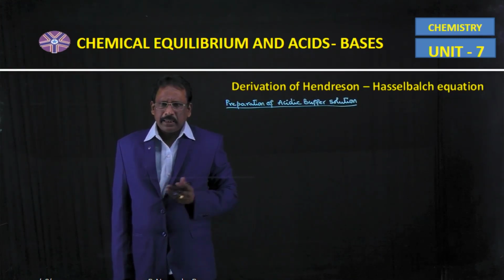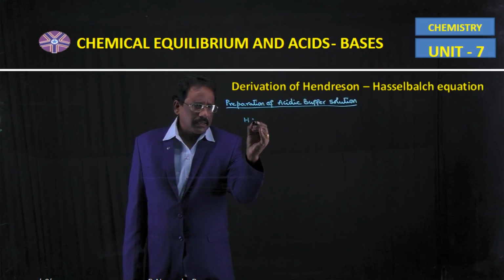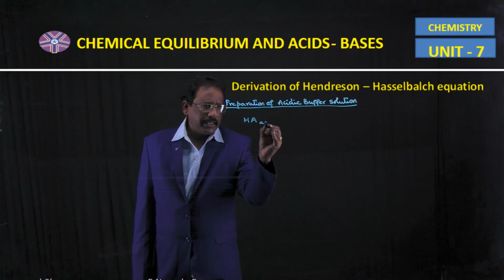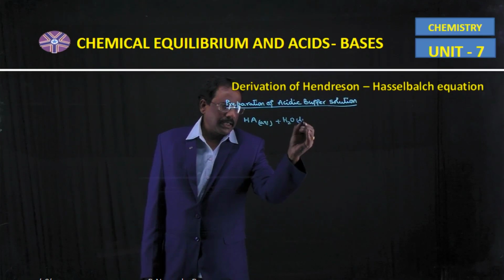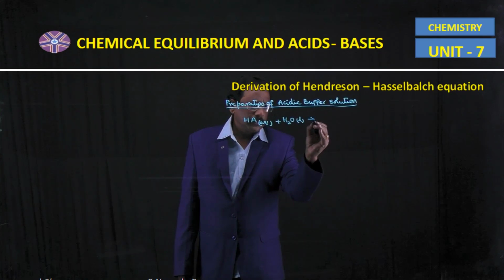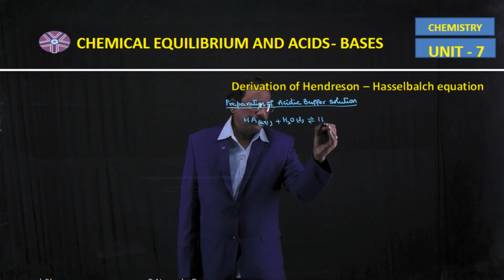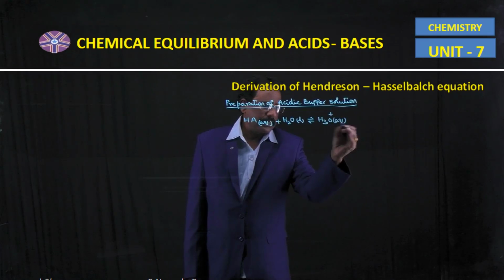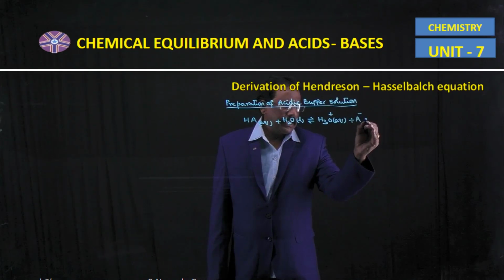According to Henderson-Hasselbalch, when weak acid like HA reacts with liquid water, it is in dynamic equilibrium with H3O+ aqueous and A- aqueous.